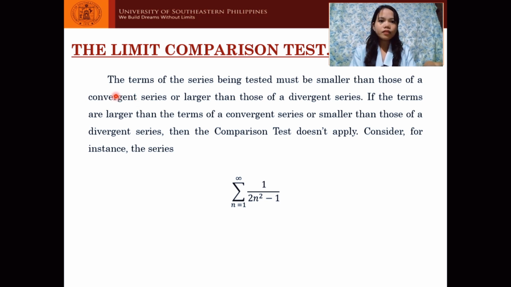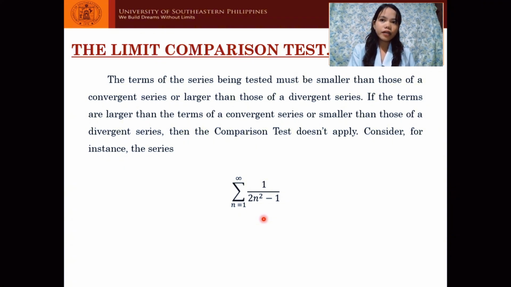For this one, let's try to look at the series, which is the summation of 1 over 2n squared minus 1. Earlier, the example for the comparison test was the summation of 1 over n squared plus 1, as you can remember, ranges from 1 to infinity.